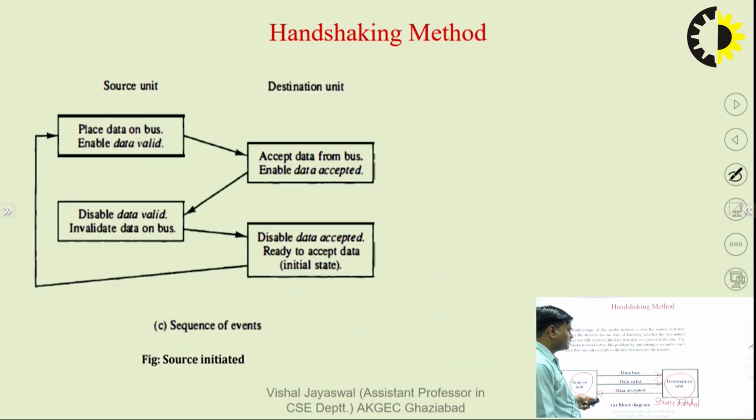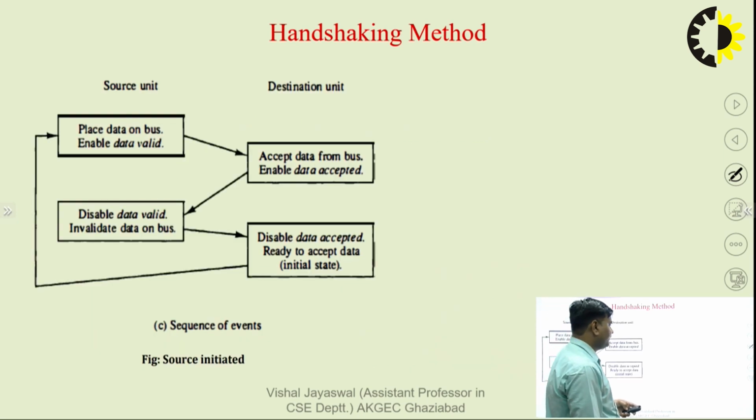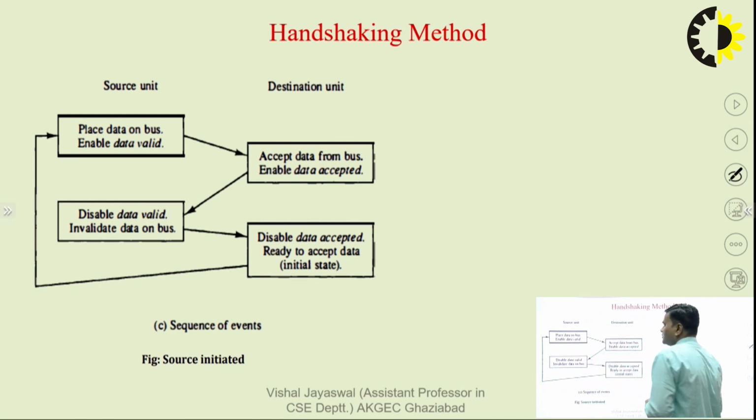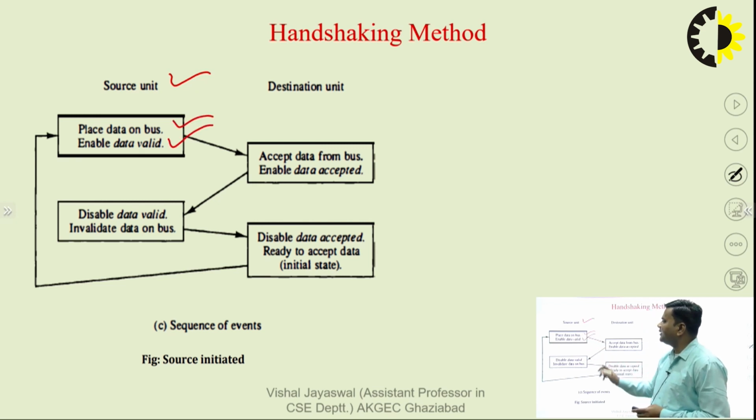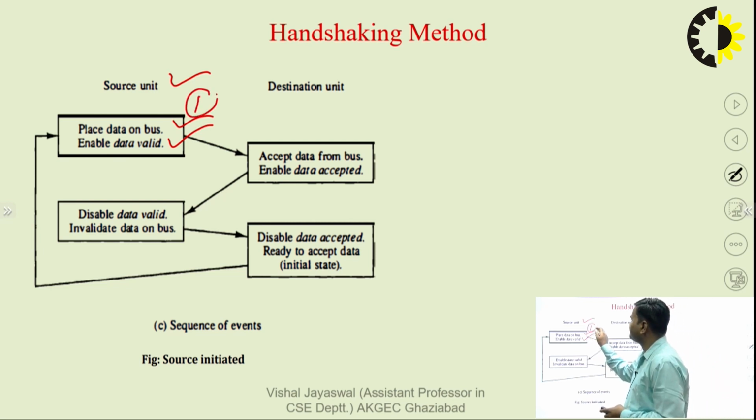In this case, this is the sequence of events that occur in the scenario of this diagram. First, the source unit places the data on the bus and enables data valid. This is the first scenario.